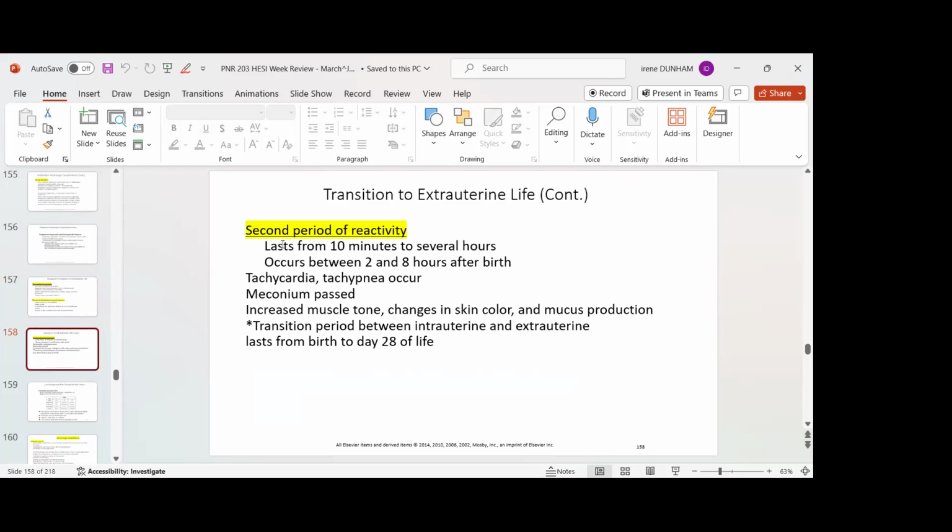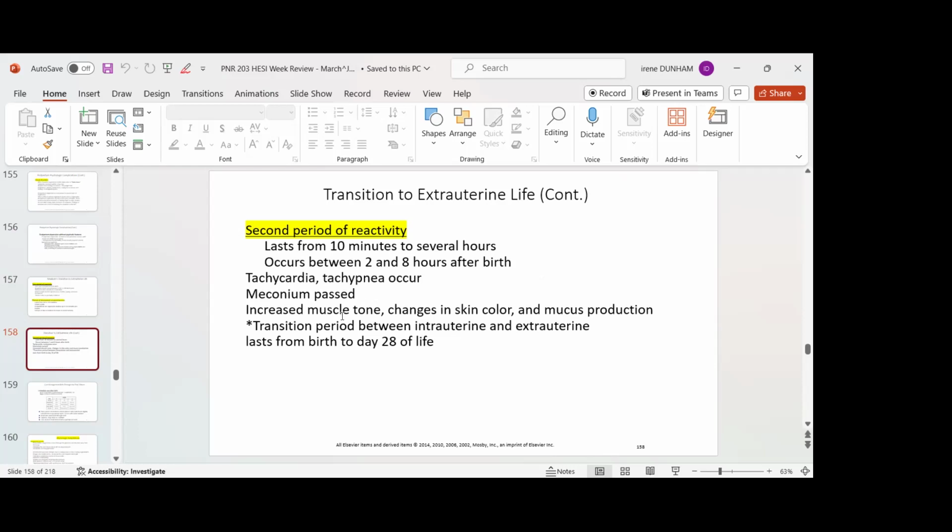So the second period is between 2 and 8 hours after birth. This is where you can see it. The baby hopefully didn't pass meconium in utero. This is where they could pass it now, because they're in extrauterine life, and they have their first bowel movement. The first bowel movement is meconium.